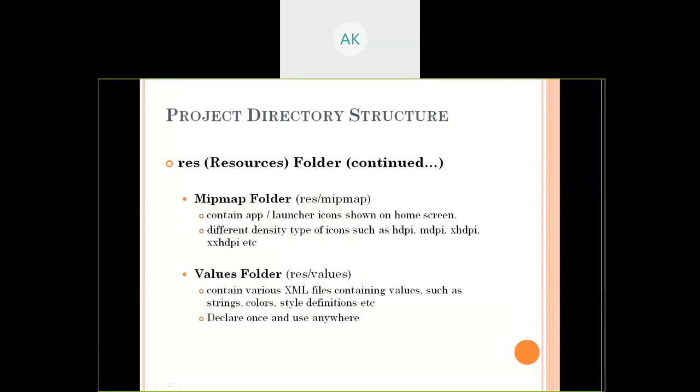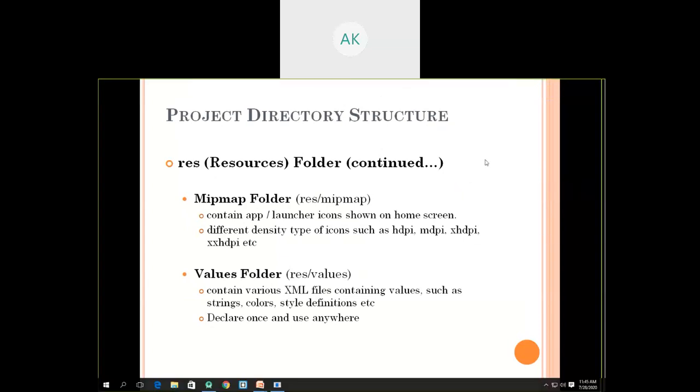Values folder, does anyone have any doubt regarding the folder structure or the directory structure of the Android project? If anyone has any doubt, please ask. Of course we are going to deal with these particular folders later on when we actually create our apps. There you will understand these folders in a better way, but have you got some basic idea about this?